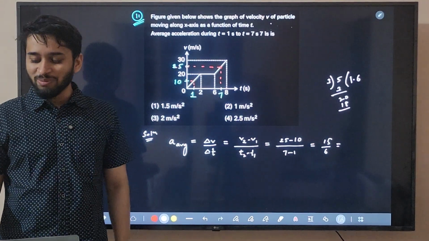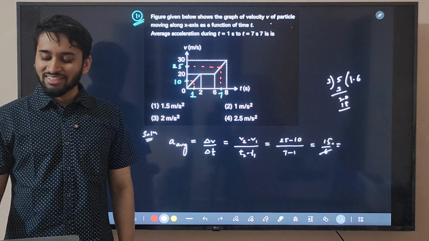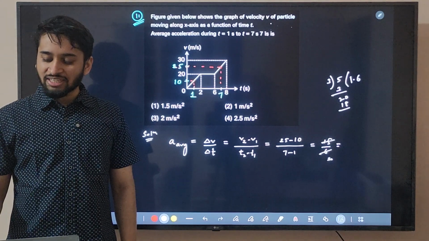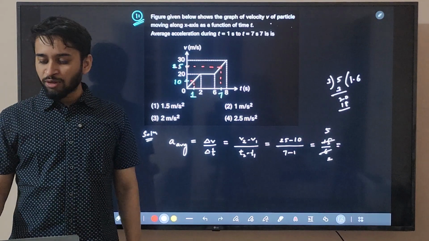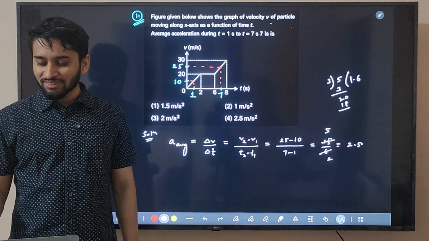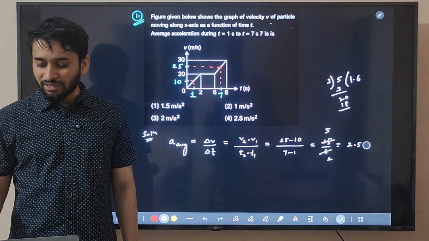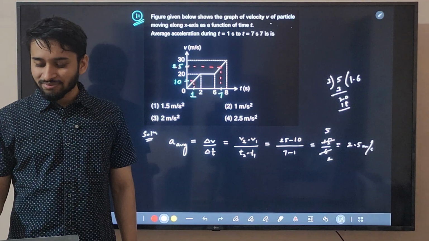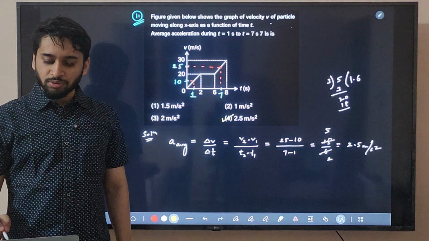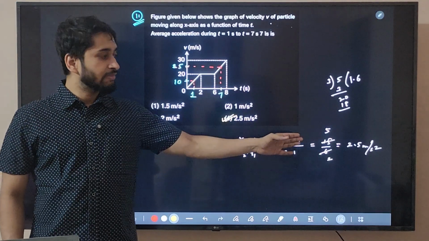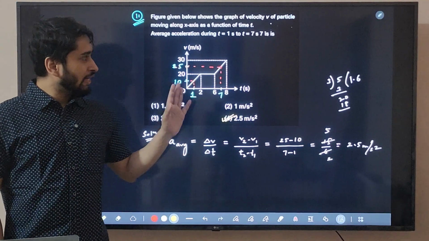Right. So 15 by 6. 3 5s are 15, 5 by 2, 2.5 meter per second square. So the answer will be the fourth option, 2.5 meter per second square. Great. Excellent. Moving ahead.